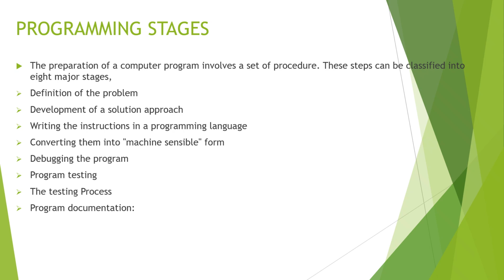Then the second one is development of a solution approach. What we mean by that is that at this stage, the programmer must have an algorithm in place. An algorithm needs to be developed for the computer to follow in solving the problem that has been identified in the first stage. The programmer must have an algorithm.